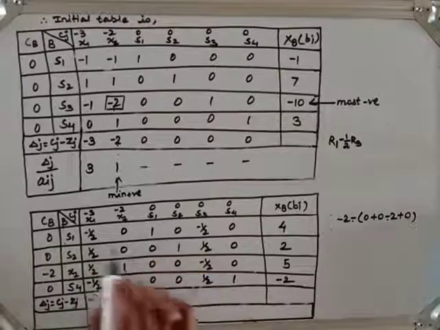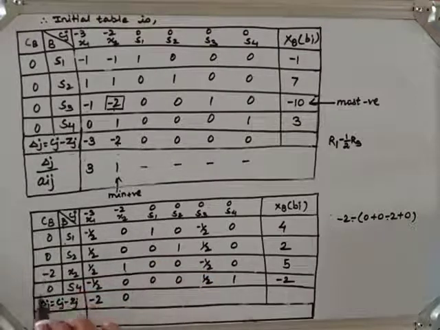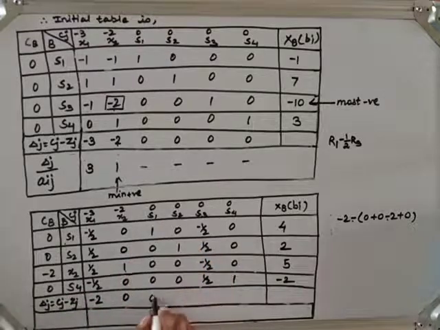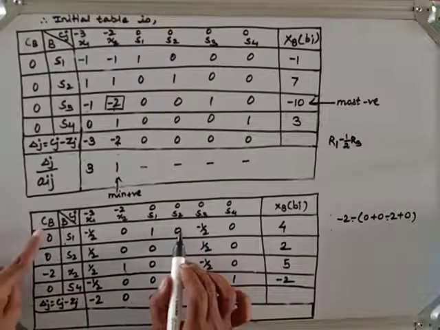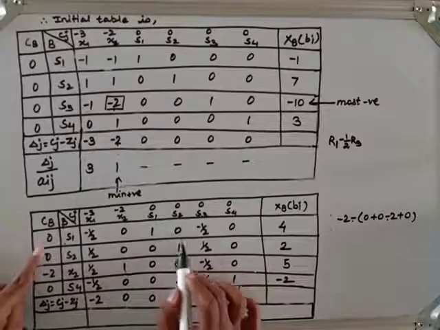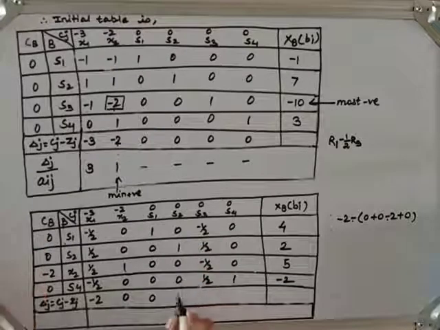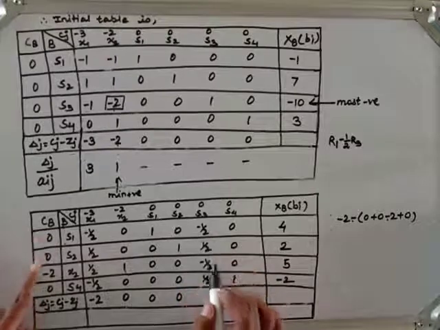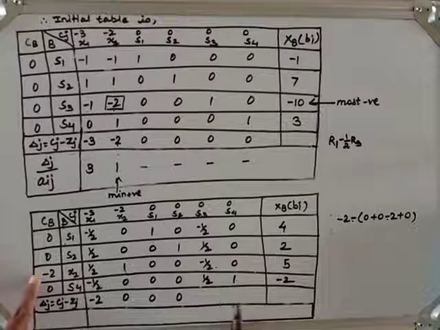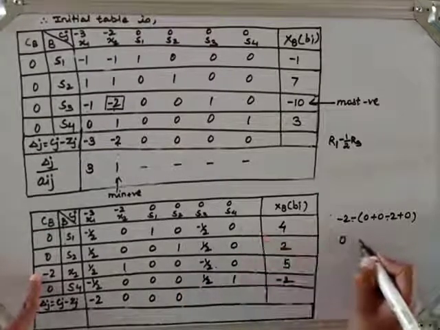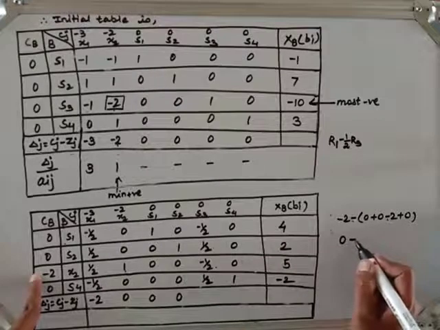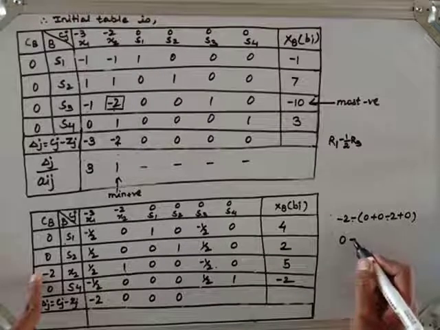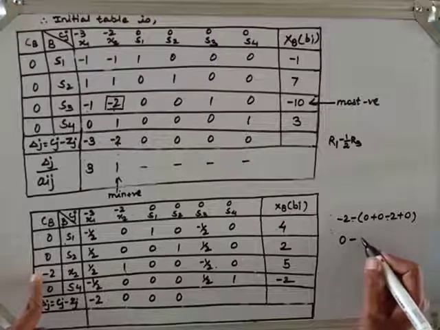Now look at here, this will give us 0, Cj minus 0, so it is 0. Here this is 0 minus this addition is again 0, so 0. Now this is 0, 0, this will become 1. Look at here, 0 minus, what does it give?